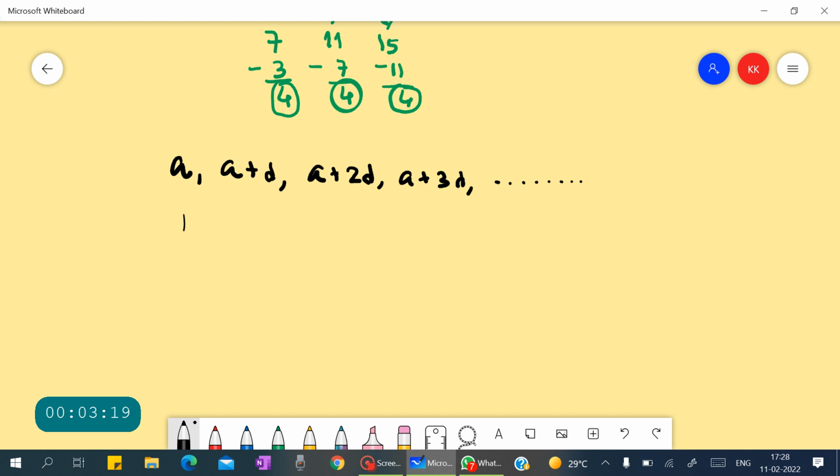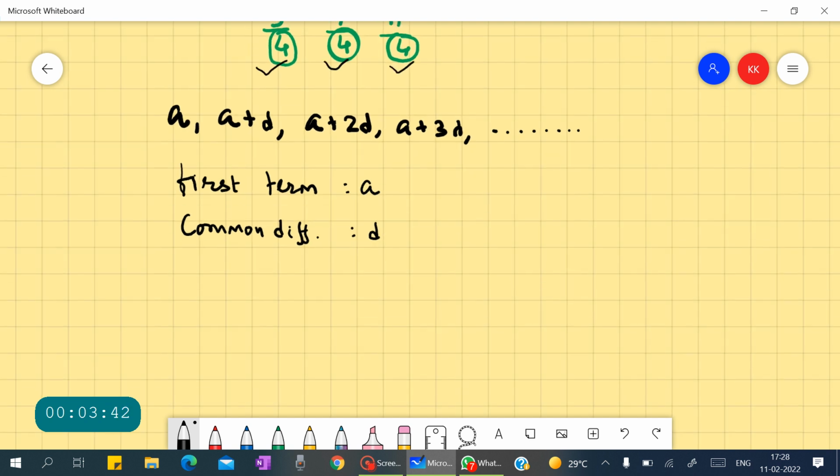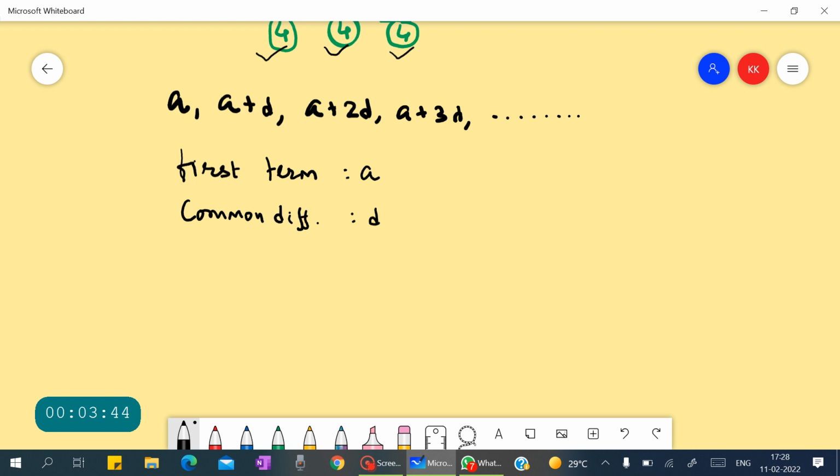The first term is defined as A and the common difference is defined as D. So what can we define as D?